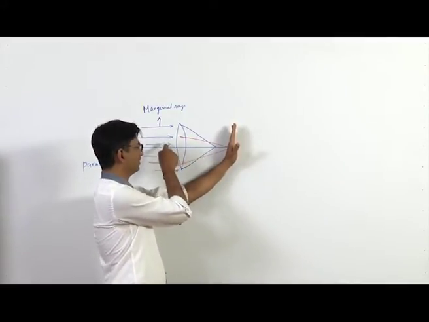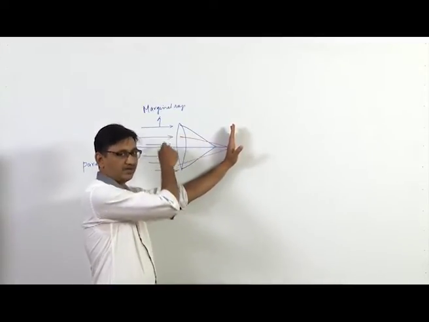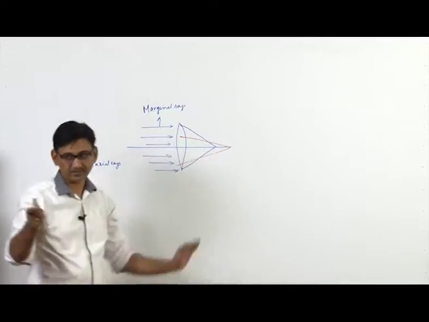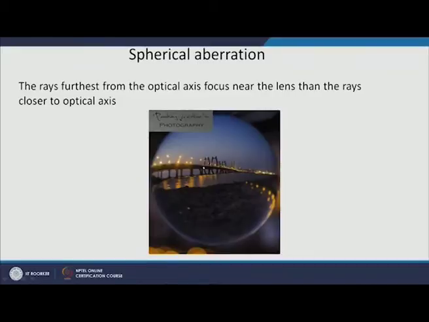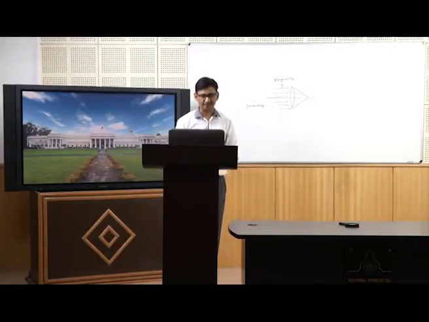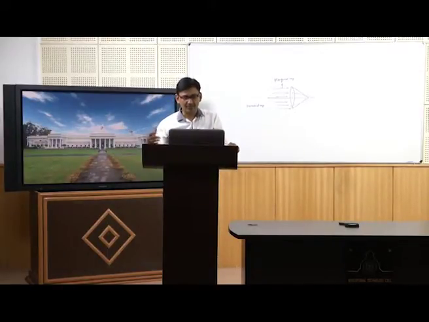The center portion features are clear to me, but outer portions are usually out of focus, and that is what you can see in this particular image in the slide also, that the center portion looks more or less focused, but the outer portion is looking out of focus. So, that is the spherical aberration. Usually good lenses or good microscopes take care of this particular problem, so you will not see a spherical aberration.